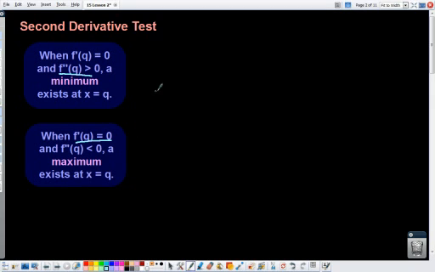You may be wondering what happens if f double prime of q equals 0. Well, if f double prime of q equals 0, it doesn't mean that that point isn't a maximum or minimum. It just means that we can't use the second derivative test to find that point.